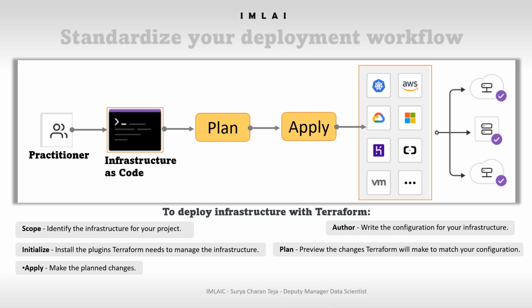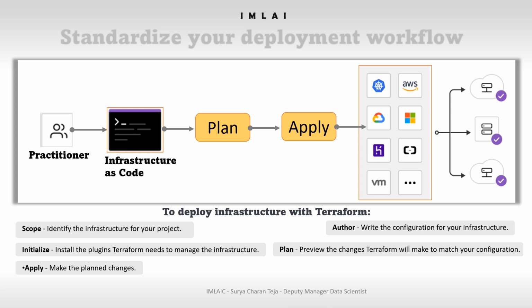Terraform uses the state file to determine the changes to make to your infrastructure so that it will match your configuration. And as usual, as we have discussed earlier, collaboration is one part that's very important in this.